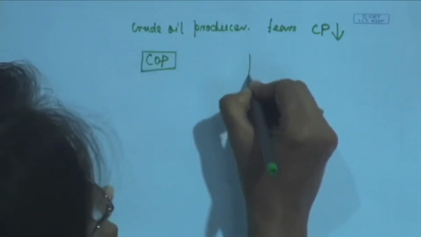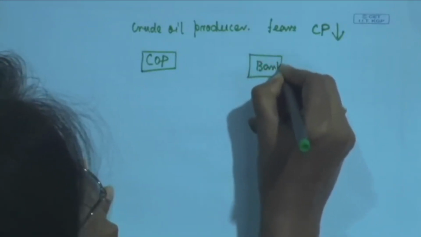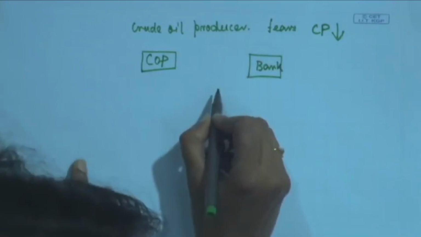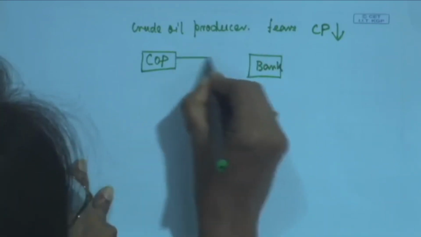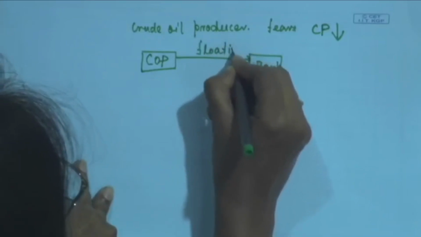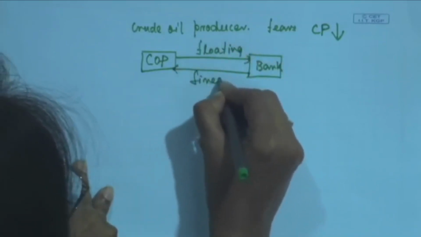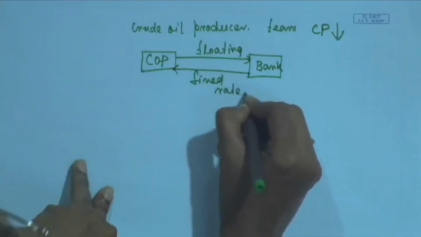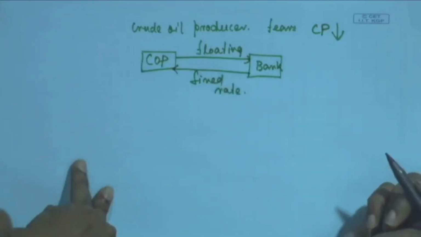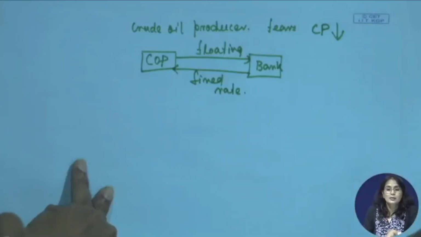He will be entering into a swap with a counterparty, let's say a bank, and in that case the crude oil producer will pay the floating rate and receive the fixed rate. So by receiving the fixed rate, irrespective of whatever happens to the crude oil price, this crude oil producer is sure of getting the negotiated fixed price.